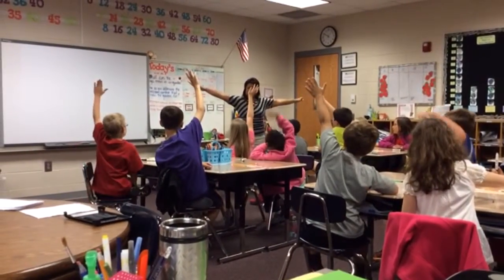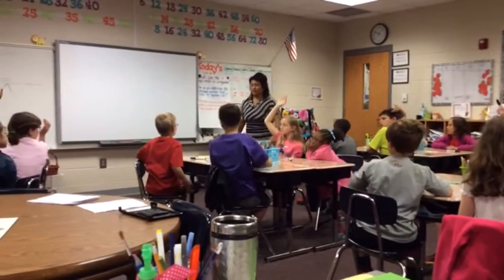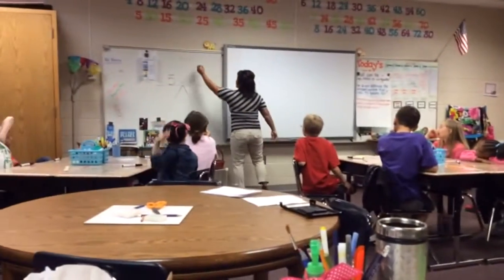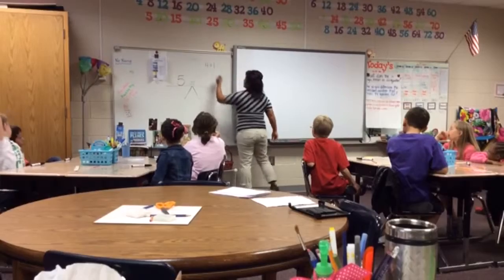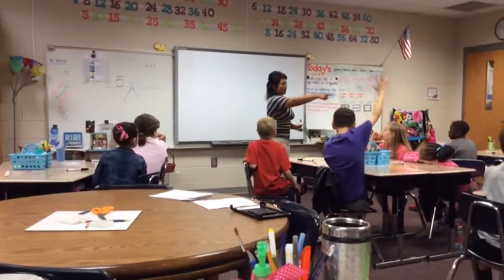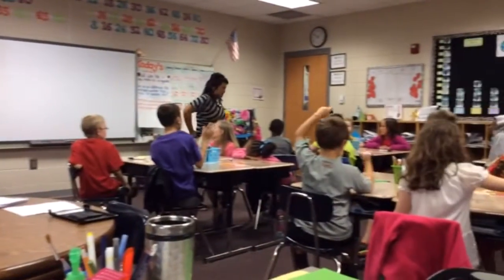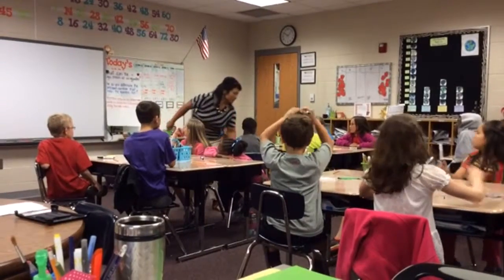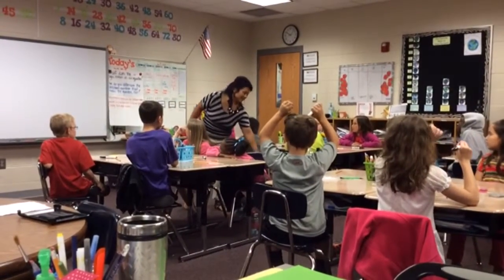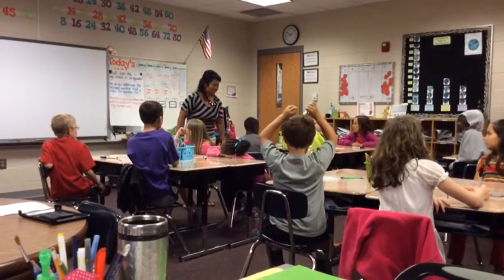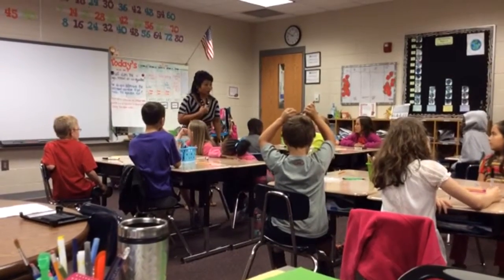What's another way I can make it equal? 4 plus 1. That would make it equal. What's another way of making it equal? We could try doing like a 3 plus a 2.